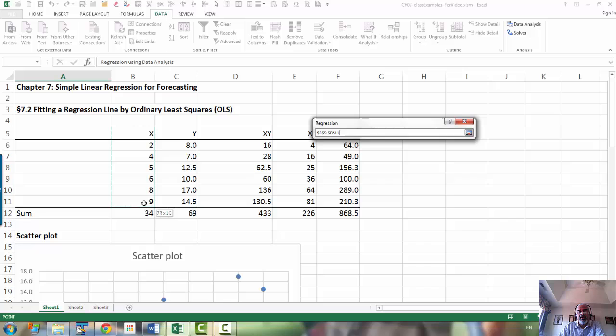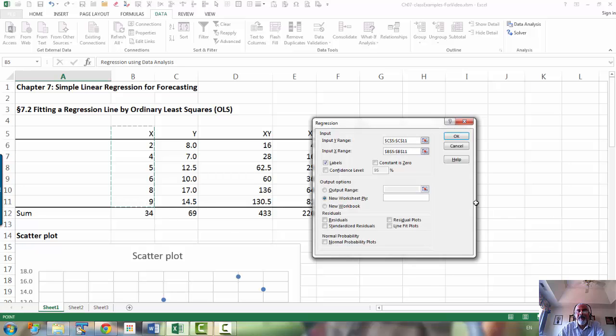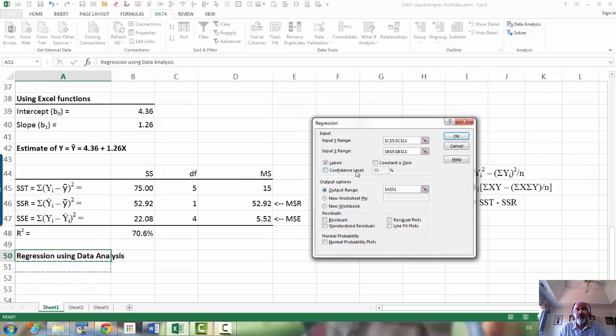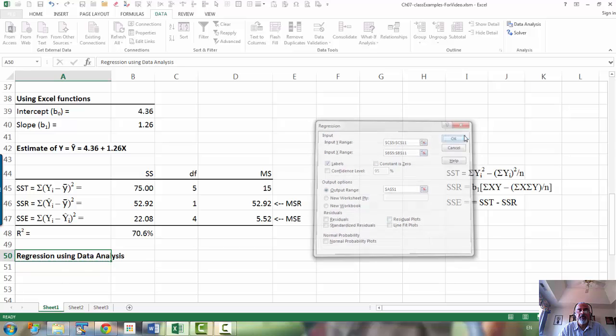And then the X range. Now let's put the output range right here. There is a lot of other information that we can generate besides the basic output, and we'll talk about these later on. So right now we just want to generate the basic results for regression.